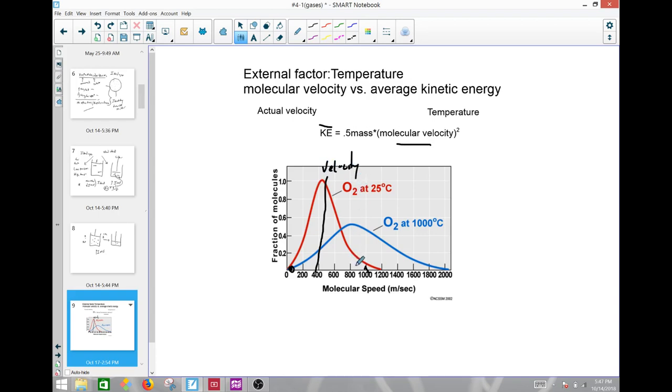And that's at 25. What about at 1,000? We have a new average. On average, the particles are traveling faster because we're at a higher temperature. But the area under the curve represents the total number of particles, so these are all the same area.